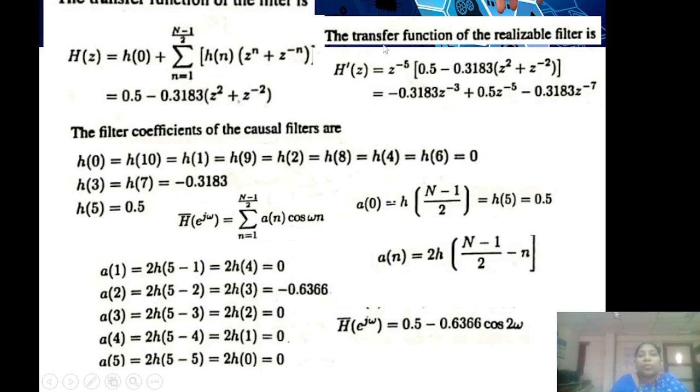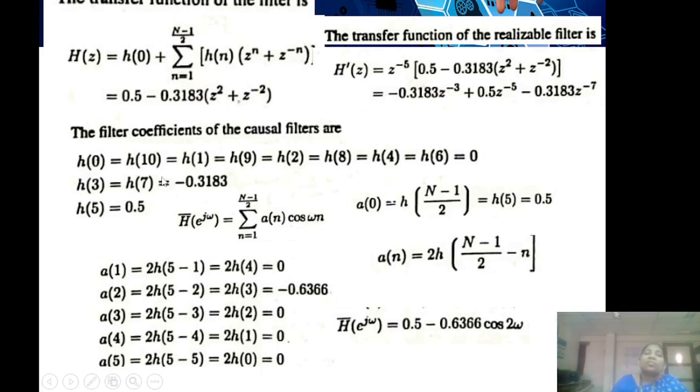Then to get the transfer function of the realizable filter, multiply the H(z) expression by z^-5. You get -0.3183 z^-3, because z^-5 times z^2 is z^-3, plus 0.5 z^-5, minus 0.3183 z^-7, because z^-5 times z^-2 is z^-7.